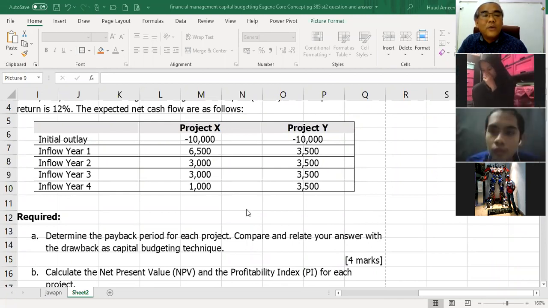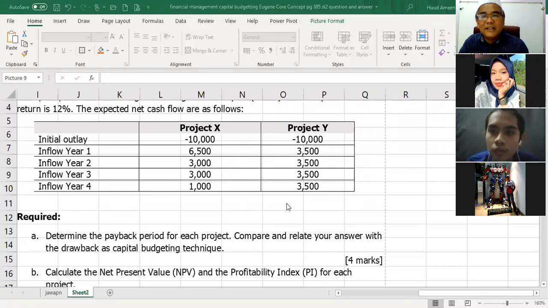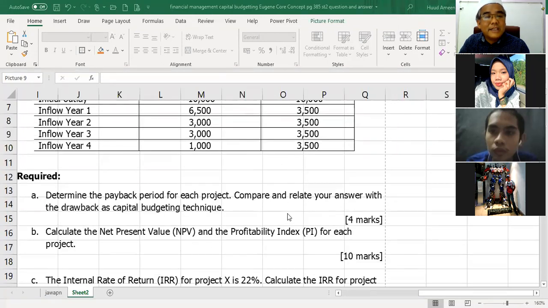There is more than one technique to evaluate whether project X or project Y is best. If it is difficult for you to decide, I assist you to decide using financial techniques.